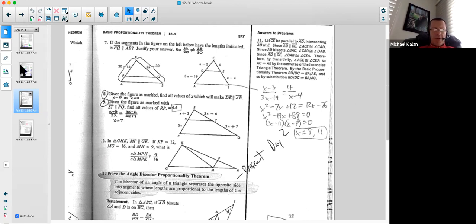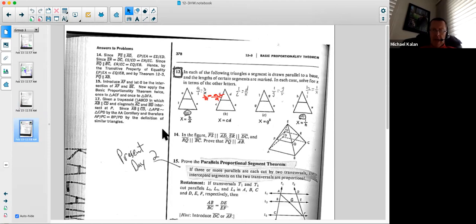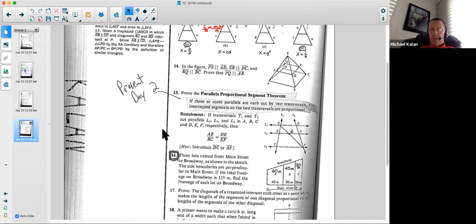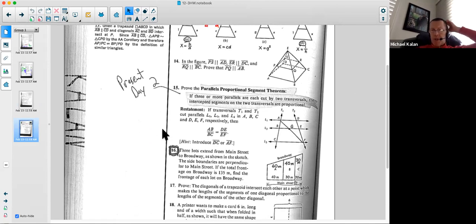Okay, flip the page over and let's take a look at number 15, which is the parallels proportional segment theorem, okay? And that's using this diagram right here. Okay, if 3 or more parallels are each cut by 2 transversals, you can see L1, L2, L3 are cut by 2 transversals. Here we have T1, here we have T2.